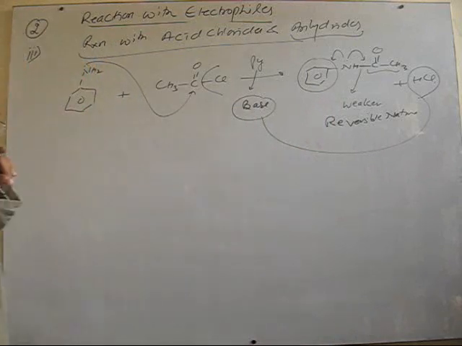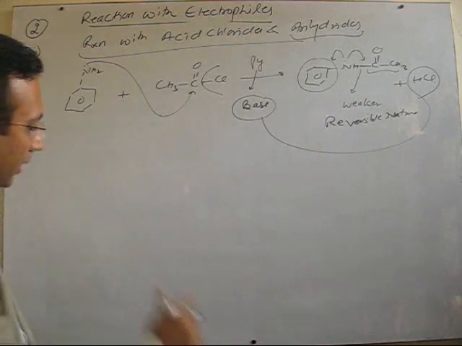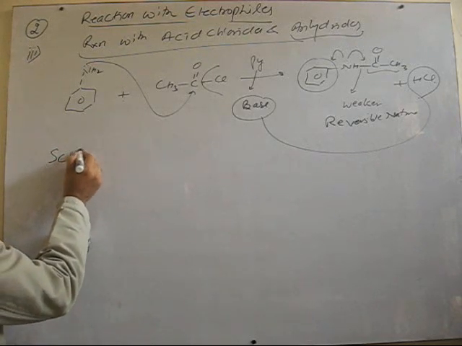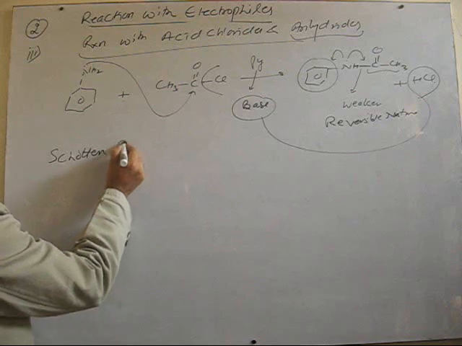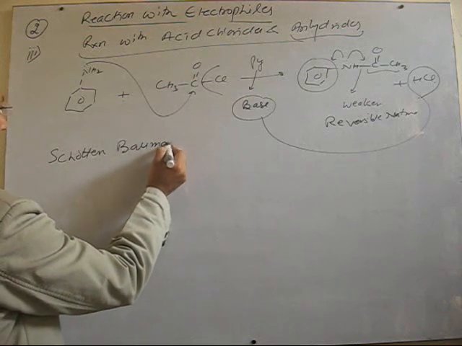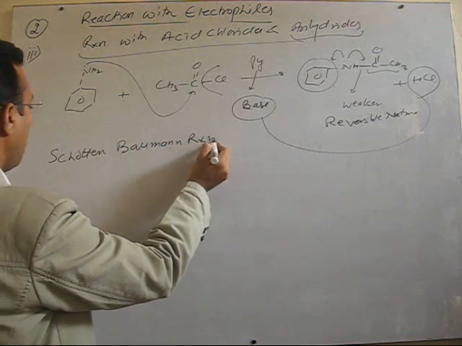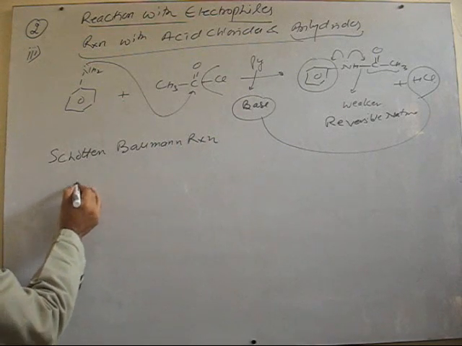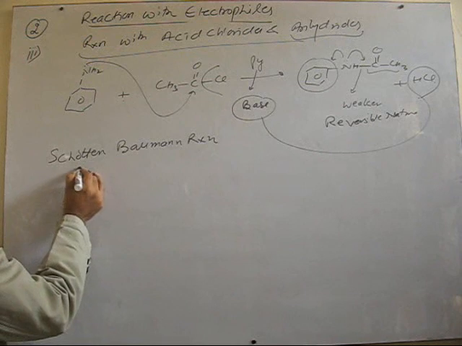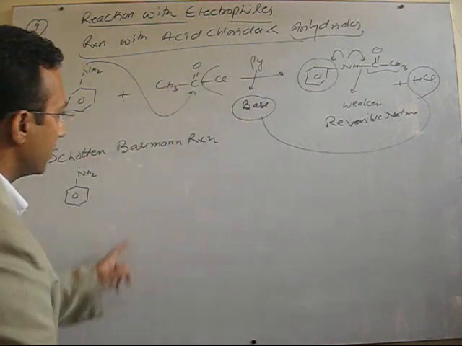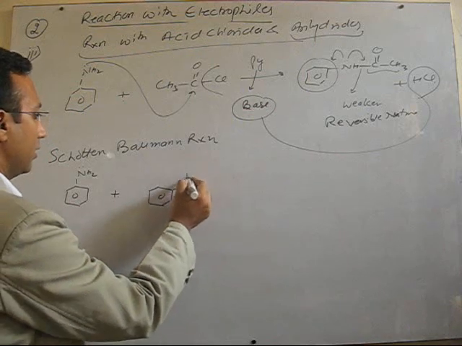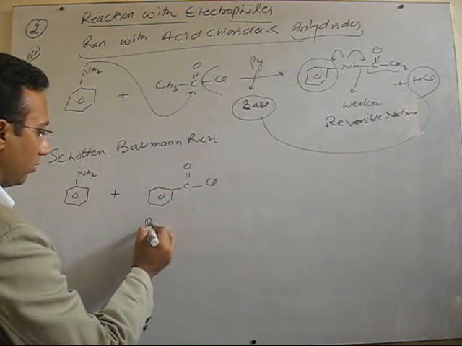Fine. Then one more reaction we have, of the same type, called the Schotten-Baumann reaction. Now in this reaction, benzoylation takes place. Not only aliphatic acid chlorides but aromatic ones can also take part in this reaction, like this is benzoyl chloride.